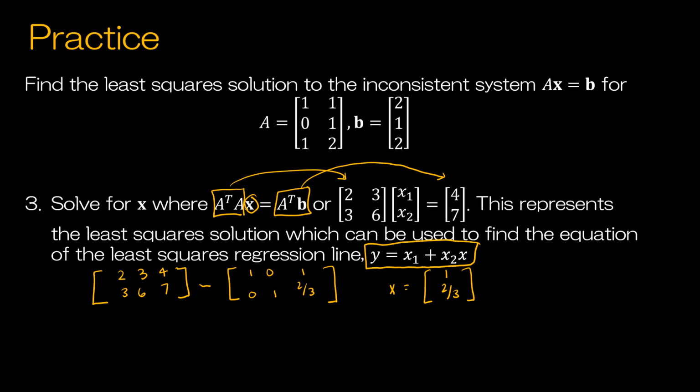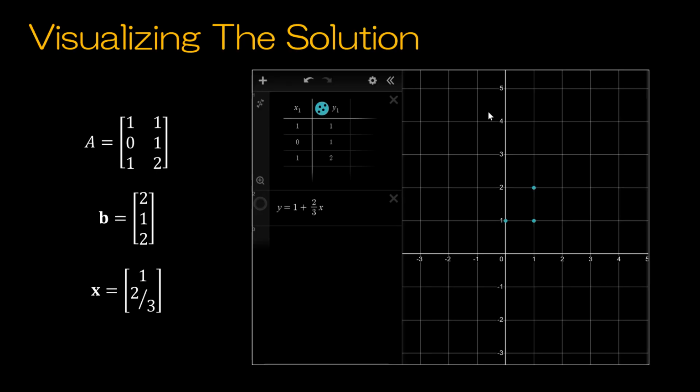So if I want to represent the points that we're given as a least squares regression equation, I'm going to use x1, which is 1, plus x2, which is 2/3, times x. This is just a linear equation: y is equal to 1 plus 2/3 x. In visualizing this part of the solution, we can see that these are the initial points we were given.